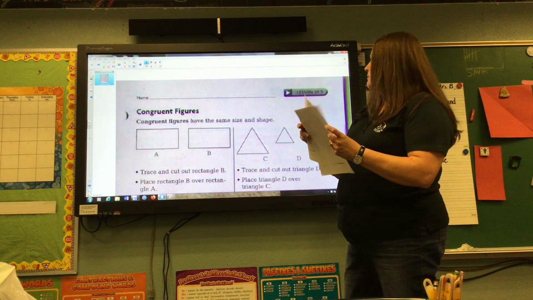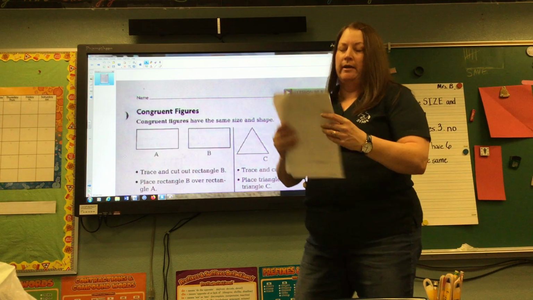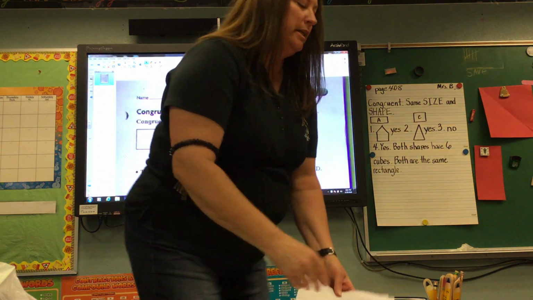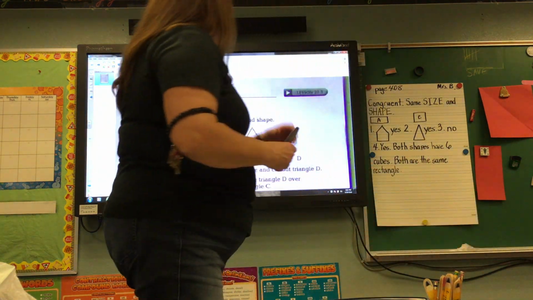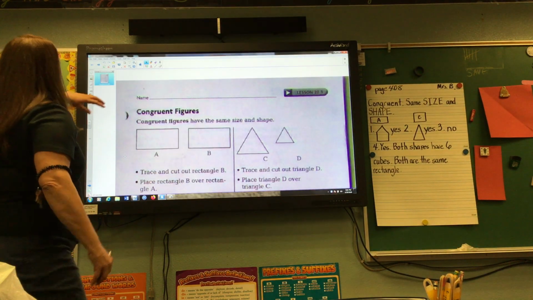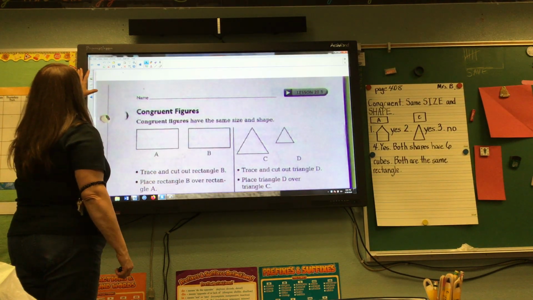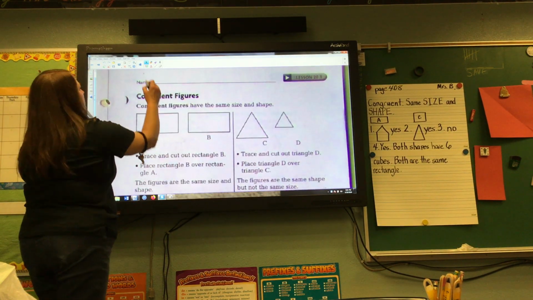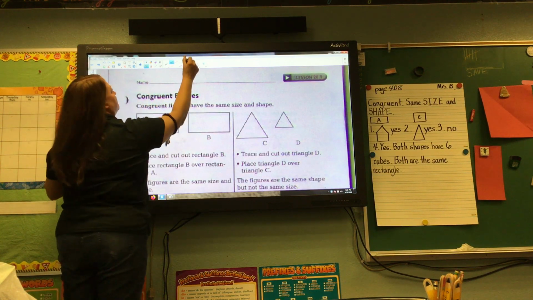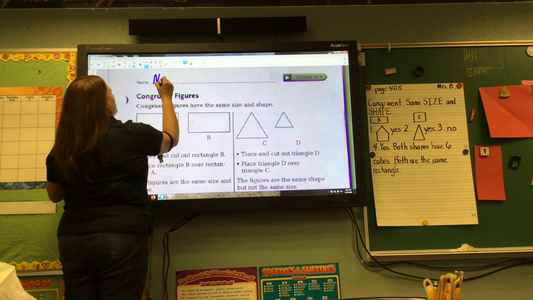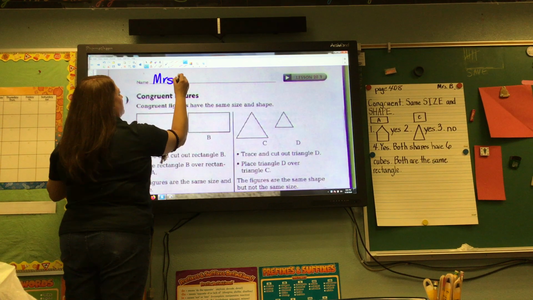Okay, here we are, and I found it in my packet, and we're going to take a look at it up here. Let me know if you guys make sure you're ready there. This is the one we're looking at. And before I get started even today, I'm going to get my name on there so I know it's mine.